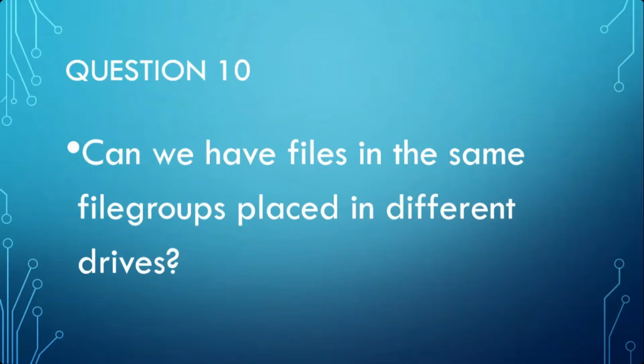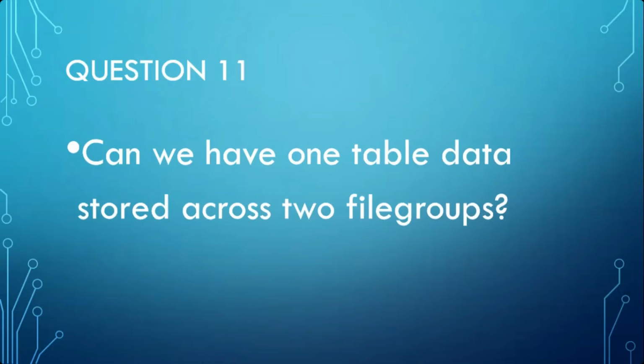Now we come to question number 11. Can we have one table data stored across two file groups? Answer to this is no. If you create a partition, you can do it. But without a partition, you cannot have one table data stored across two file groups. Now, how is it possible if you use a partition? Then it is quite different.